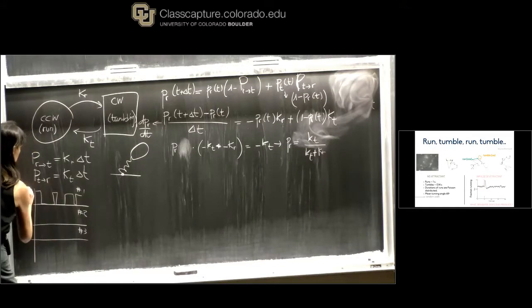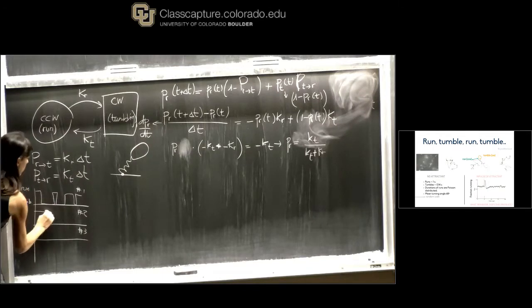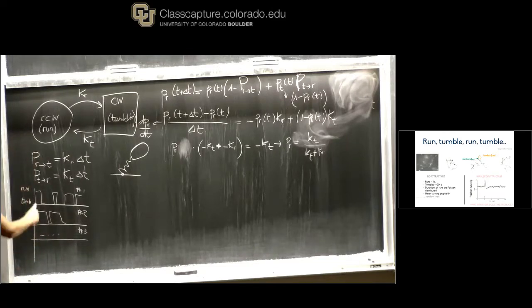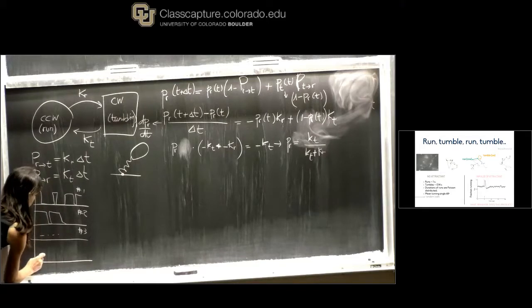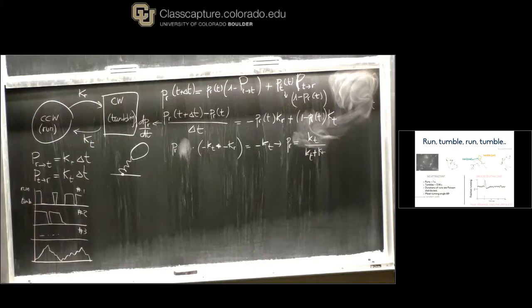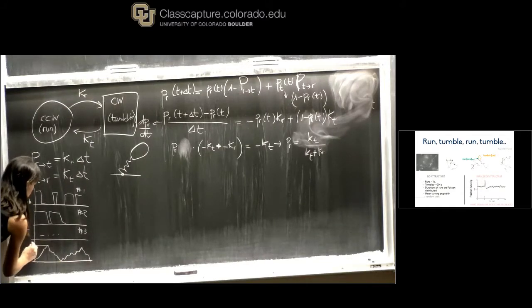This would be run, and this would be tumble for cell 1, and then cell 2 would do a different thing, et cetera. Then just adding this up, he would have fractions: the fraction of cells tumbling and the fraction of cells running.